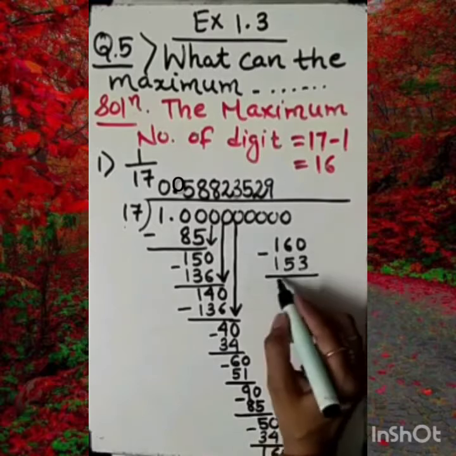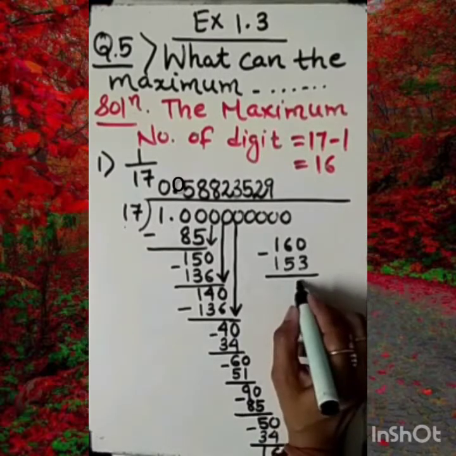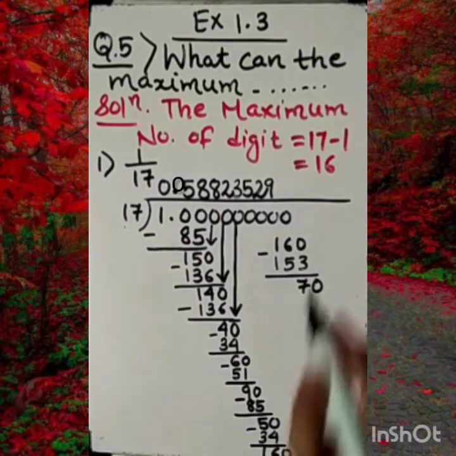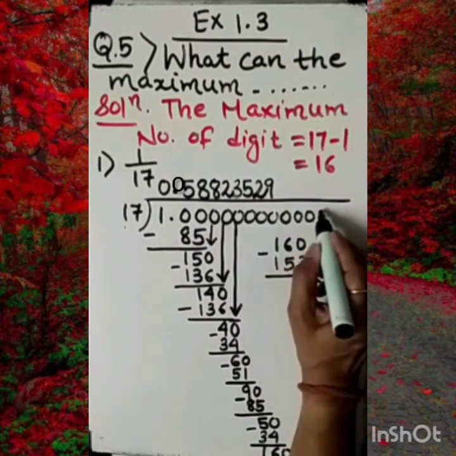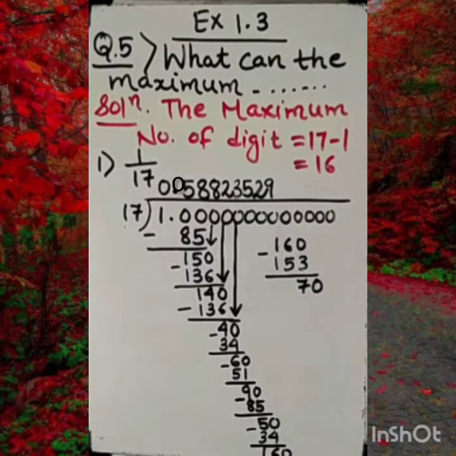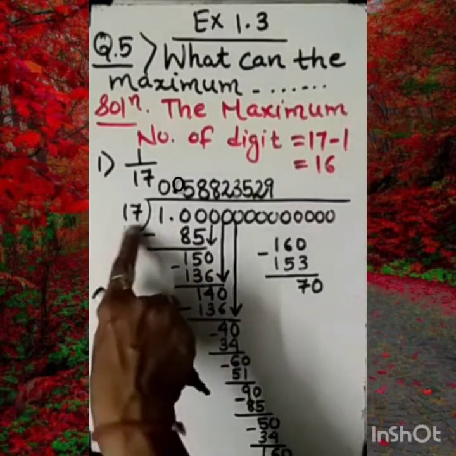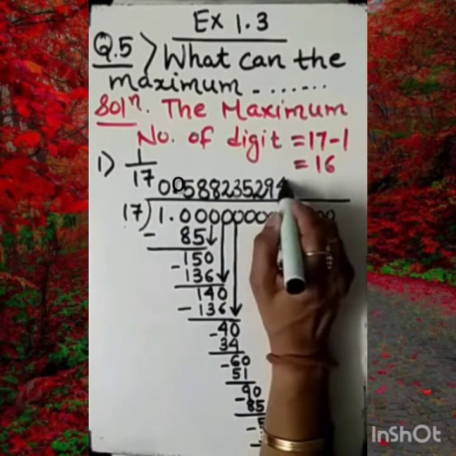Now 160 minus 153, so 7 will be the remainder, and again I am putting 0. I am extending the 0. I am able to put whatever number of zeros I can. Now nearest to 17, we know that 17 4s are 68.